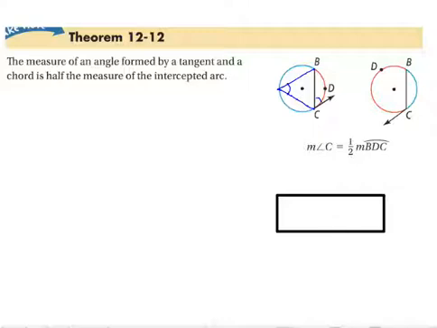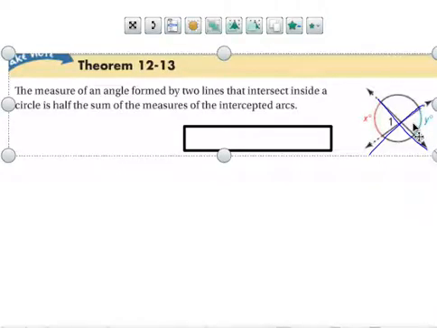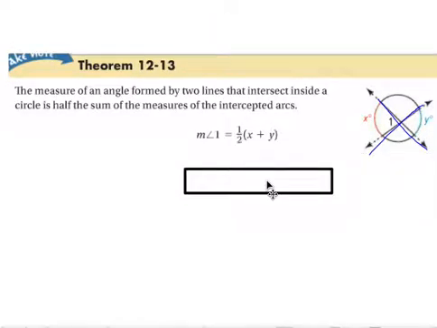All right, what else do we got? So if we have two lines intersecting in the middle of a circle here, then the way that we know there's a pattern between the arc measures x and y is if we add them together and then divide by 2, we'll get the central angle here.